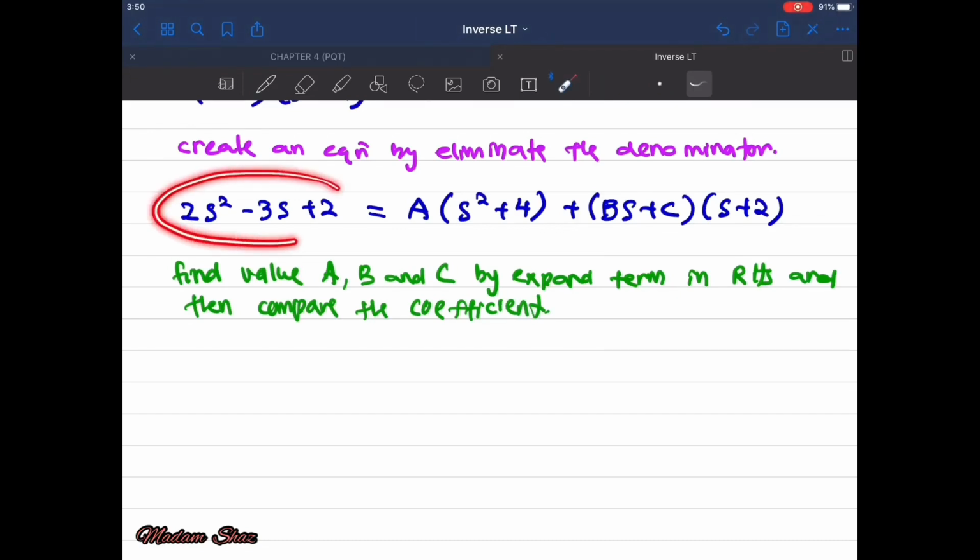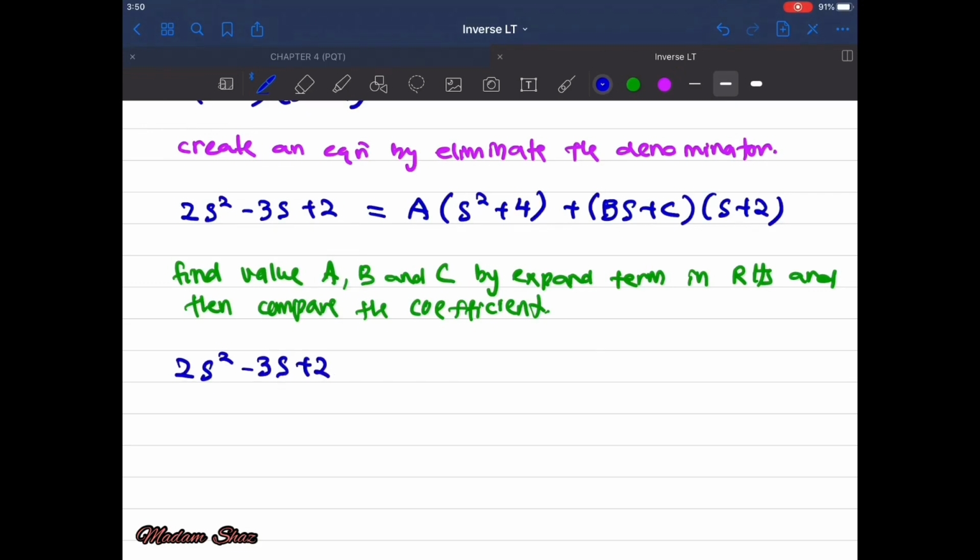For the left hand side, there is nothing that you have to expand, so we just copy down everything that you have on the left hand side. 2s squared minus 3s plus 2 is equal to A multiplied with (s squared plus 4), so As squared plus 4A, plus (Bs plus C) multiplied with (s plus 2).